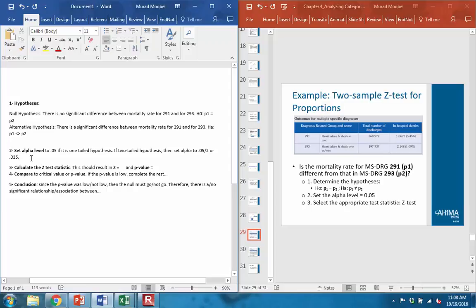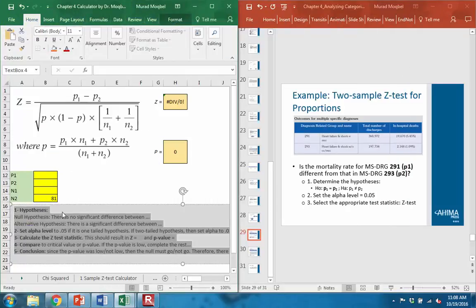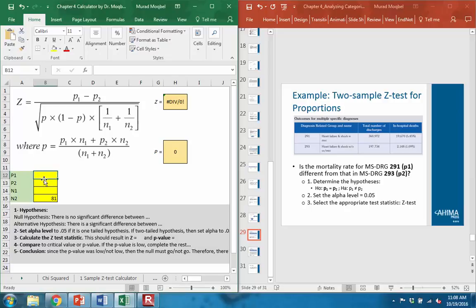Now the alpha level, as we said, the rule of thumb is 0.05, but we need to keep in mind that it is two-sided. Now we will need to calculate the z-test, or the test statistic. In our case, the test statistic is the z-test, and to do that we will need to use the calculator. The calculator is asking me to put the proportion for 291. Proportion 1 is 291. As you can see there, it is 0.0545, right?